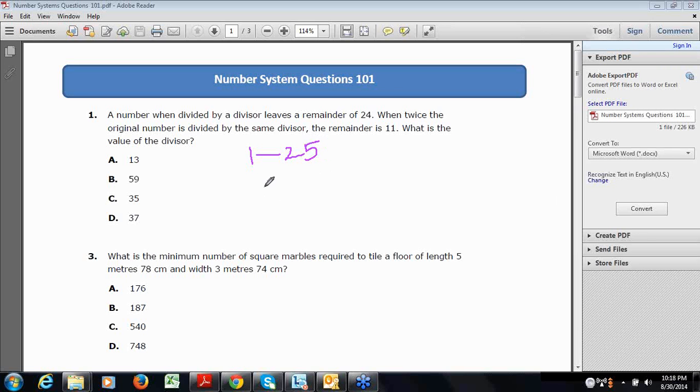It's not a problem. See, 26 square is 676.